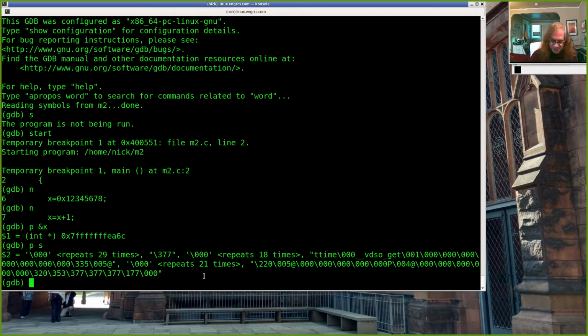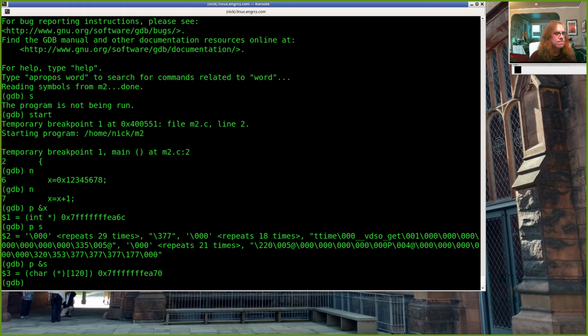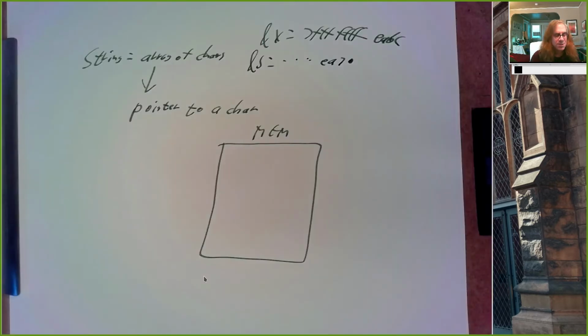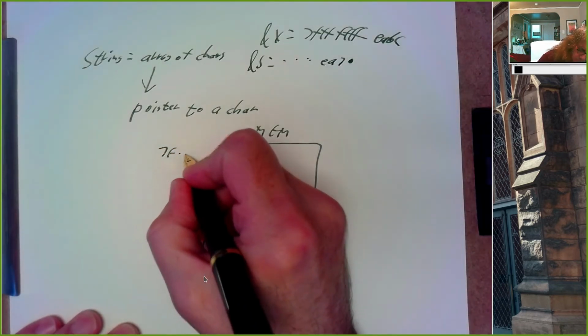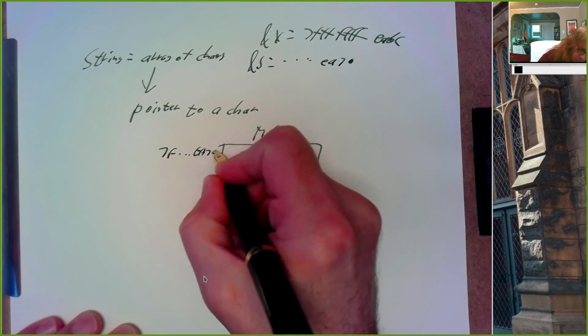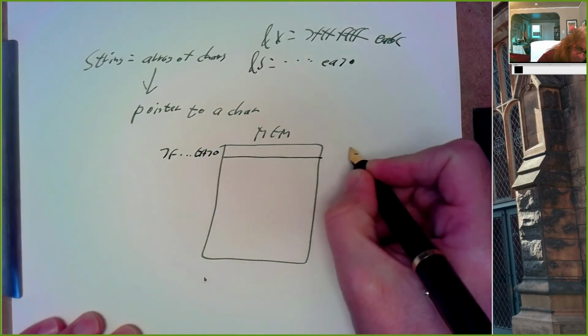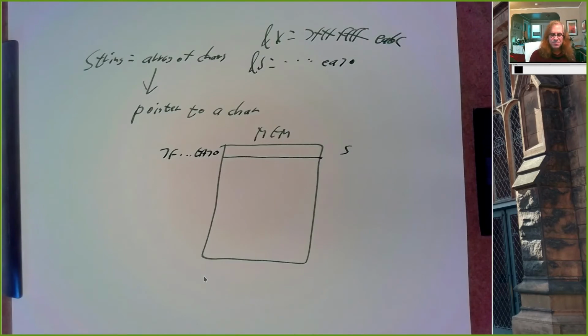But let's see how S is stored. If I print the address of S, it will tell me EA70. So now let's make a new map. EA70, that's where S is stored.